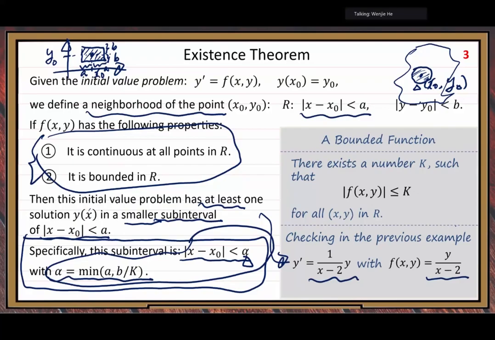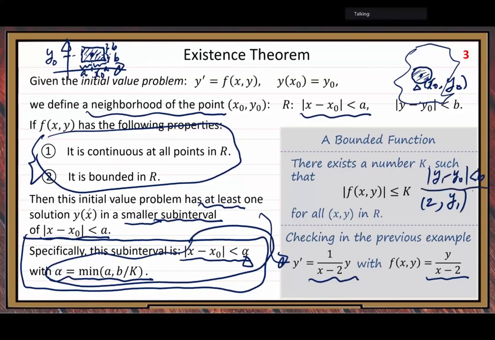Continuous at a point x equals 2 and y1, right? Here on y1, because y1 minus y0 is in this interval.